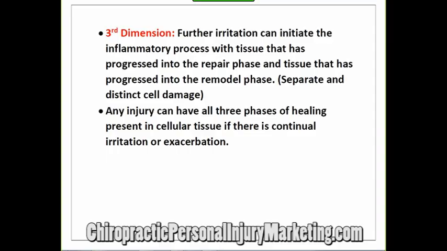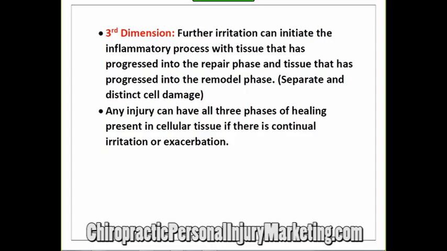In other words, as long as you document it and you have the biomarkers that are showing, you could be doing some therapeutic protocols that are specific for the injury in the remodel phase, the third phase of healing. In addition, you could be doing some specific therapies because the person re-injured themselves, and that injury is now in the repair phase. And you can also be doing some therapeutic protocols because there was new inflammation that the person incurred in the remodel phase. And so now you have all three dimensions occurring.